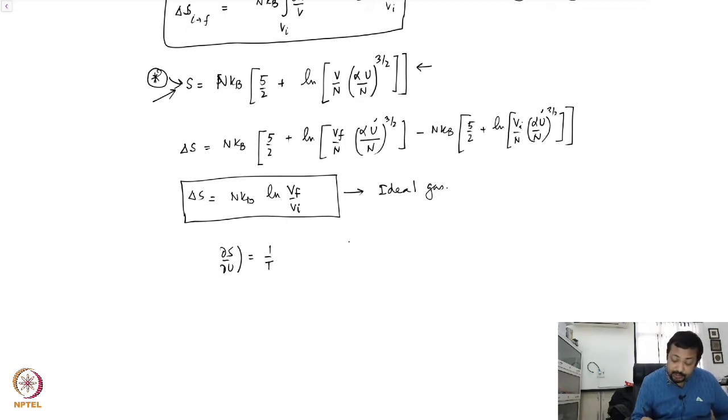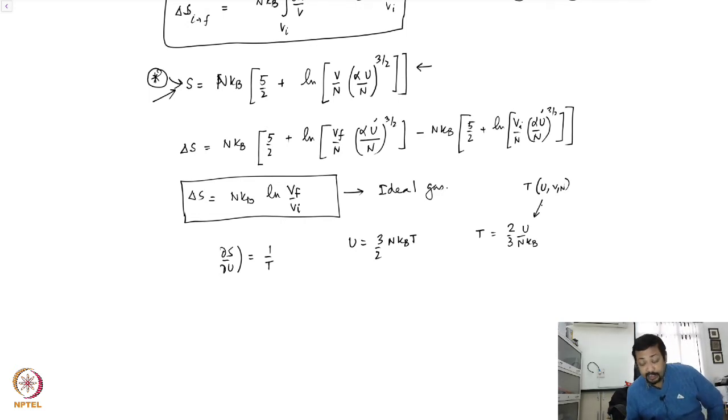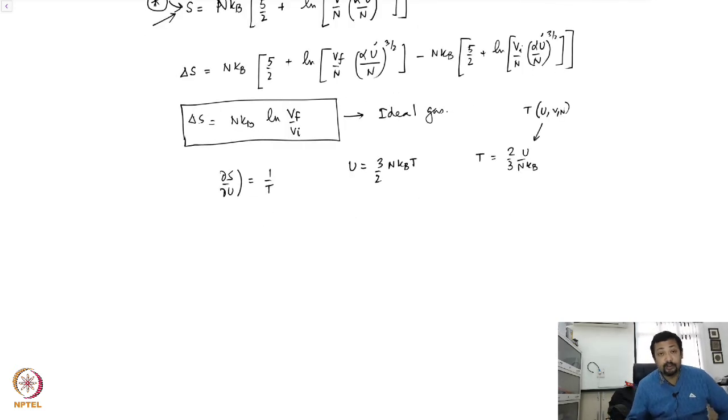This essentially tells you that U is going to be 3/2 NkBT, so that T is 2/3 U over NkB, and therefore you have T as a function of U and N. From this relation, surprisingly, for an ideal gas, it does not depend on the volume, so it clearly follows that delta T is going to be 0.